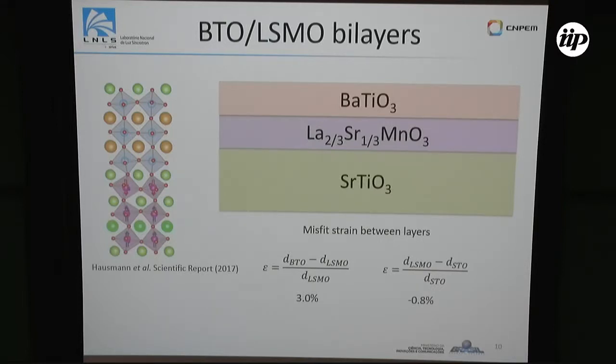That's why we chose it, and it has a small strain misfit compared to the strontium titanate. Then we grew our ferroelectric layer, barium titanate, on this lanthanum-strontium manganite, which has almost 3% of misfit strain.